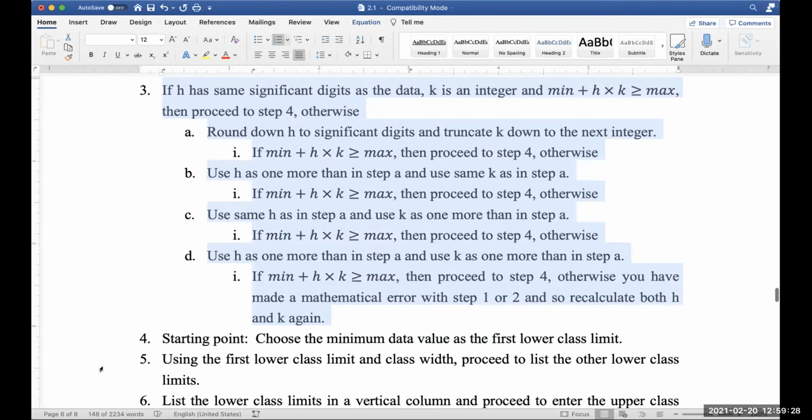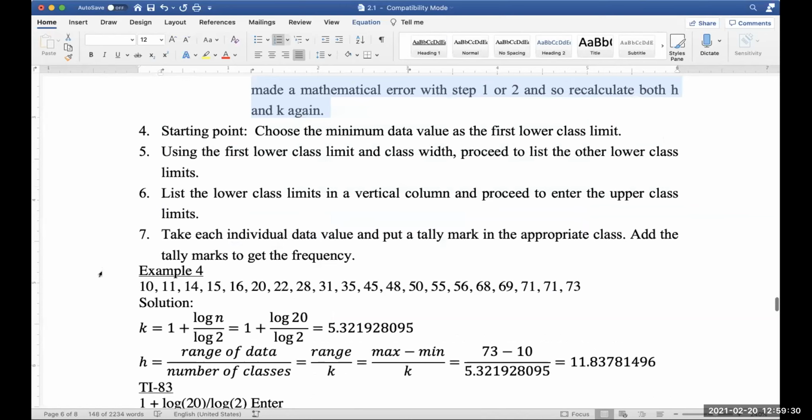So let me look at example 4. Suppose I have the following set of raw data: 10, 11, 14, 15, 16, 20, 22, 28, 31, 35, 45, 48, 50, 55, 56, 68, 69, 71, 71, 73. So I have all that data.